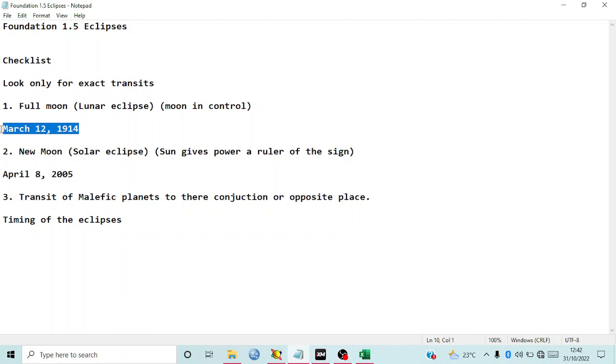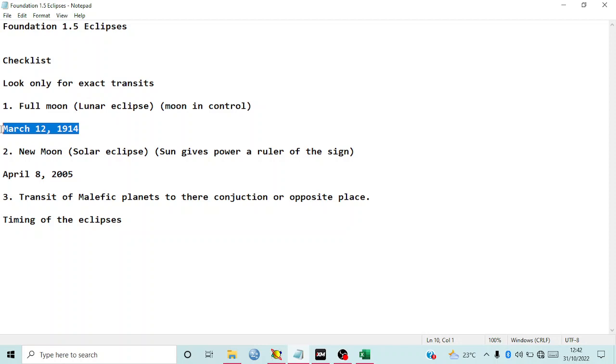However, if we move on to 2, we have the new moon. So the new moon is likely to be one when we can experience a solar eclipse, right? In this case, the solar eclipse, or by its name, the sun is in control, and it's the sun that's going to give power to the ruler of the sign it is in at that point to cause a buy or a sell in the market, right?